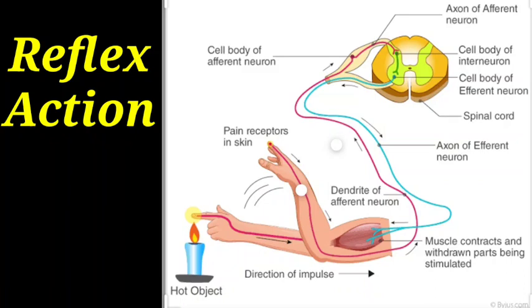So if you observe the diagram carefully, you can understand how the reflex action takes place with the help of your sensory neuron and motor neuron, passing the impulse from the touched surface to your spinal cord, and from the spinal cord you are getting the message on what you have to do. You have to continue your finger on the flame, or you have to remove it.